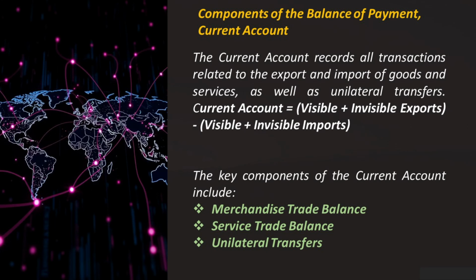Now, what are unilateral transfers? Unilateral transfers basically involve one-sided payments such as gifts, donations, pensions, and foreign aid.